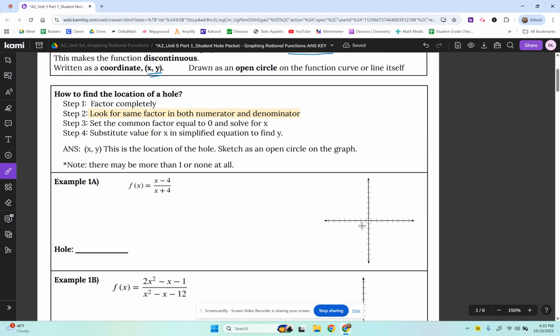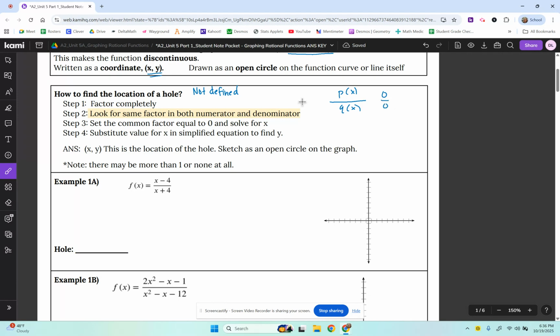So how do we find the location of a hole? Well, we said before that this is where the function is not defined. If we take our fraction, we have our numerator and our denominator, p of x up above and q of x down below. We also know with fractions that it is impossible to do 0 divided by 0.